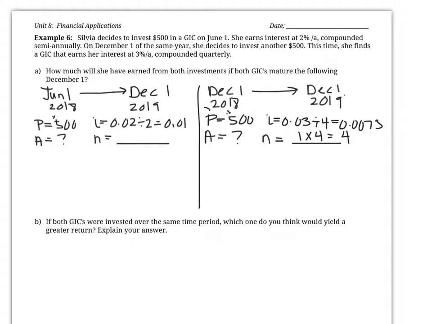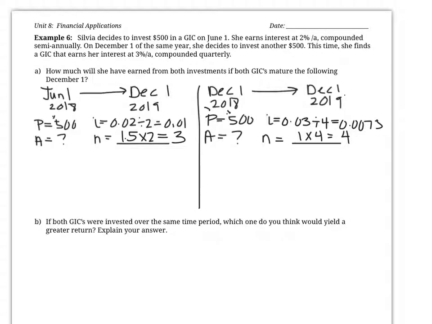Another way to think about it is the number of years from June 1st, 2018 to December 1st, 2019 is 1.5. So we could take 1.5 and multiply it by 2 because it's semi-annual. We also get 3. But a simpler way, I think, is just to calculate how many 6-month periods there are between June 1st, 2018 and December 1st, 2019. And that answer is 3.